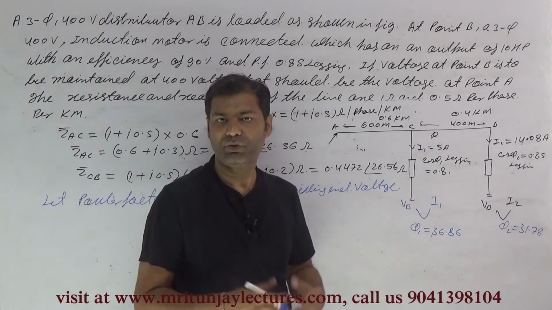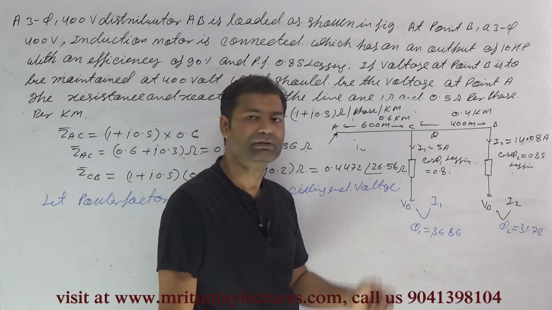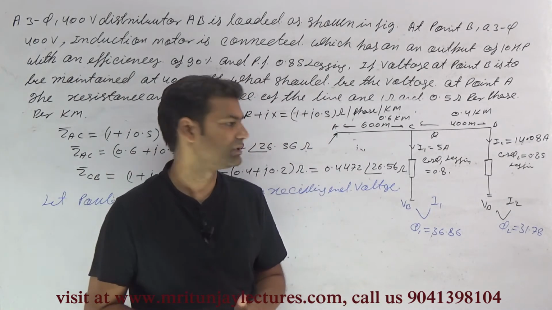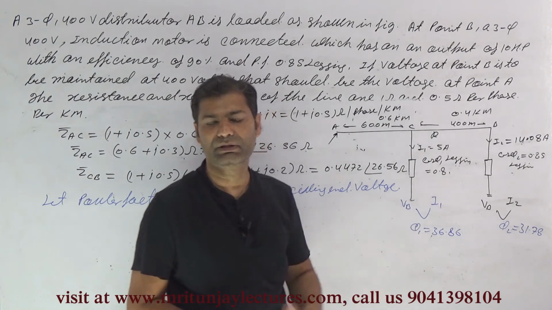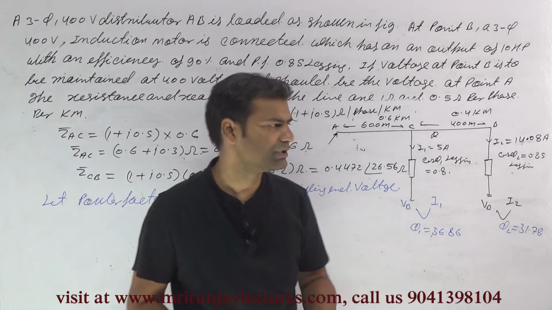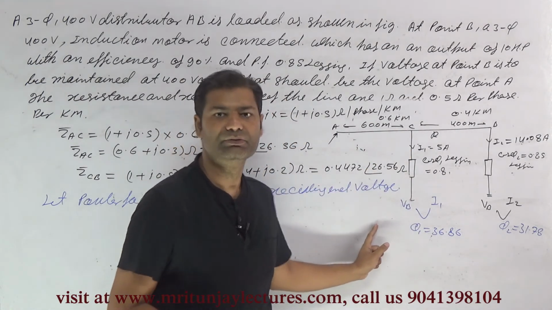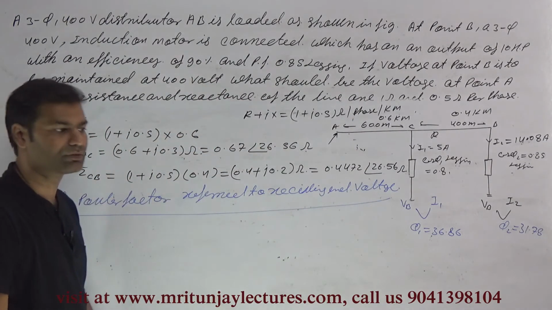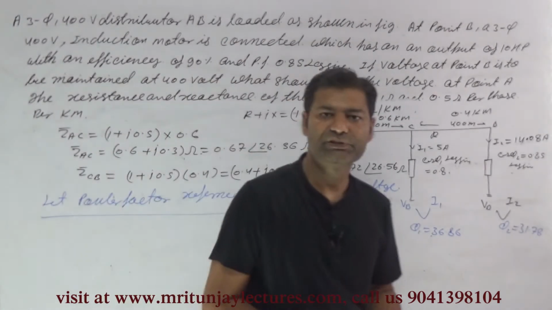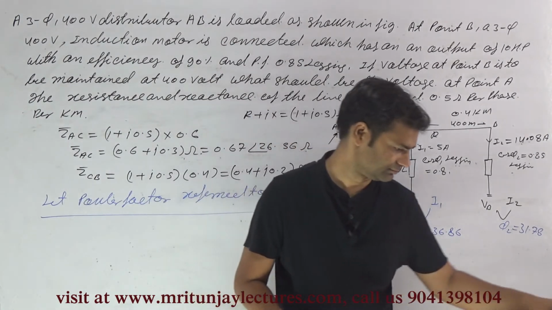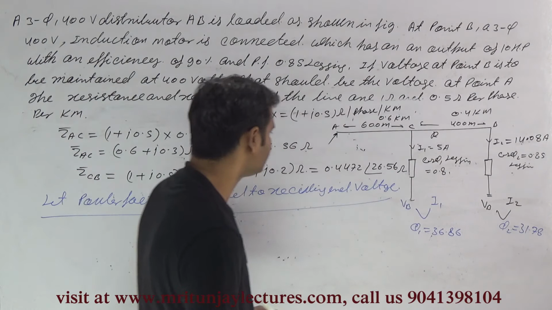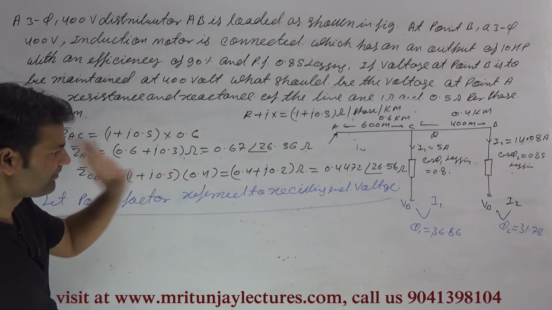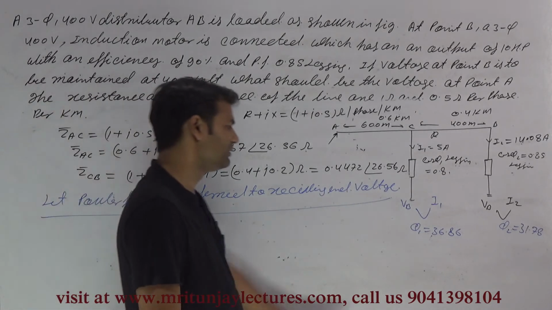Otherwise, if you mention the load end, it means VC and I1. But since it is not given in the question, we always consider the receiving end. If you consider it this way, write it here, otherwise some marks may be cut. Clear? Phi 1 is the angle between VB and I1.